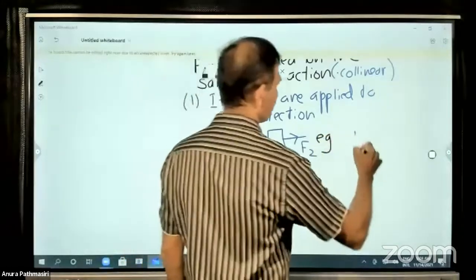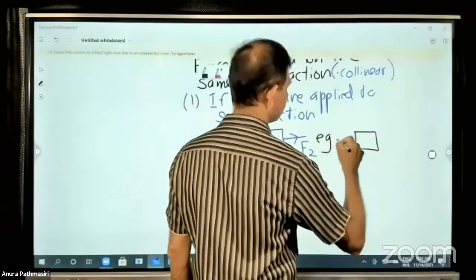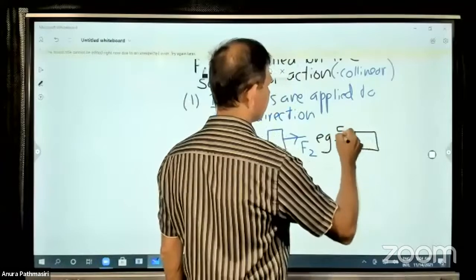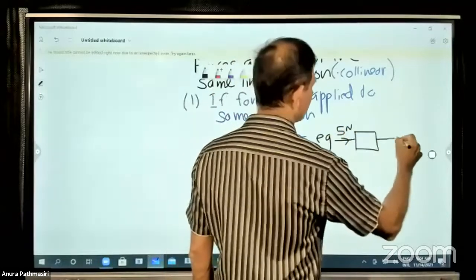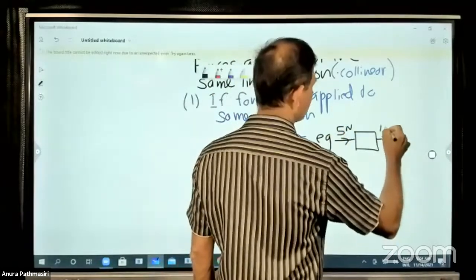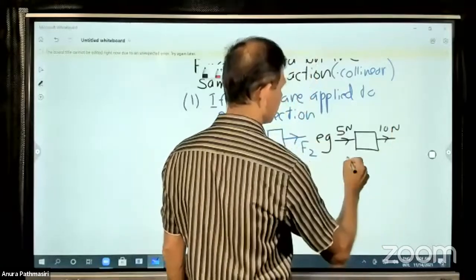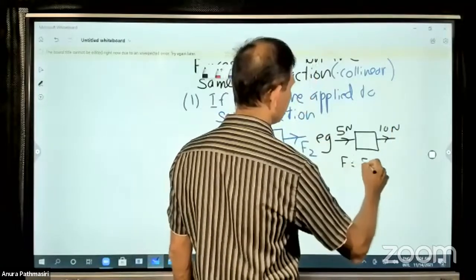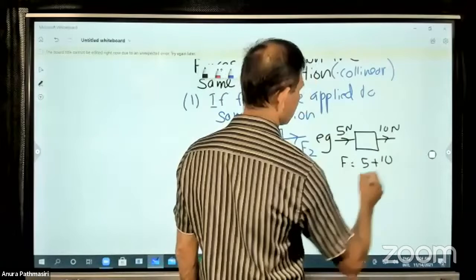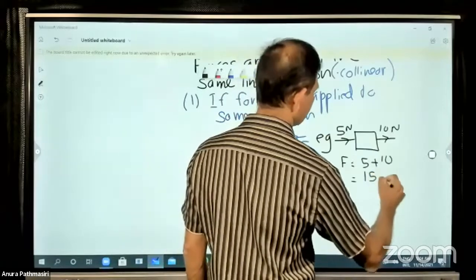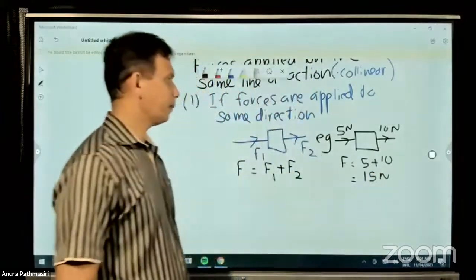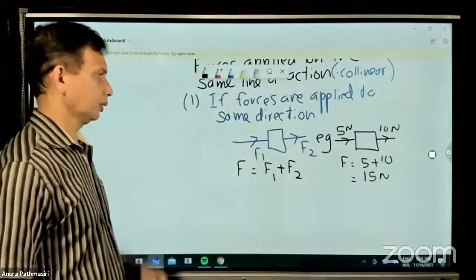Example, you put 5 Newton and then another 10 Newton. So the resultant will be 5 plus 10, 15 Newton.